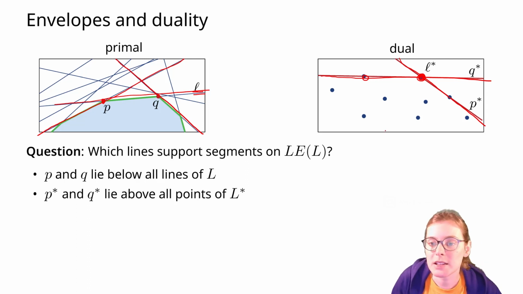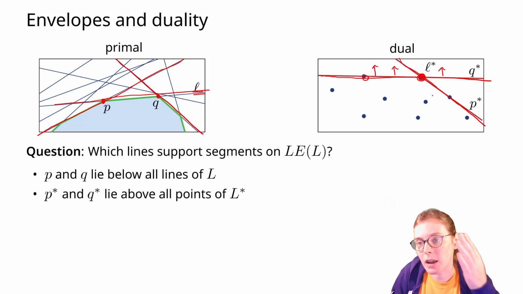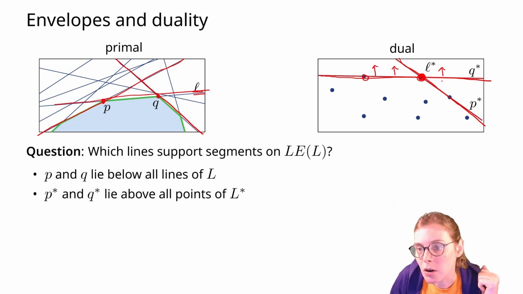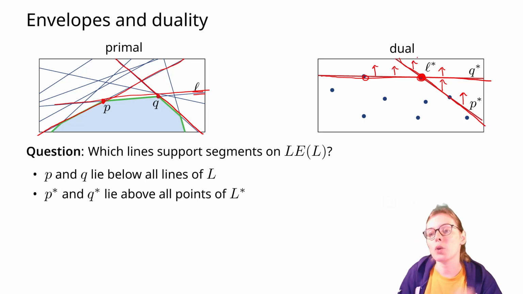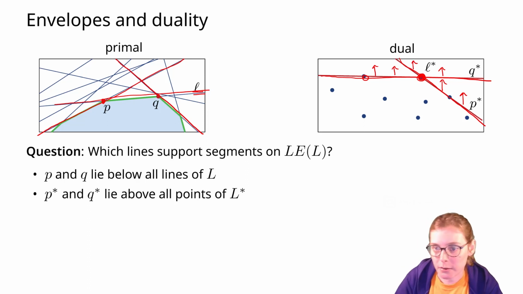So now what does this mean? That there are no points that are dual to the original lines lying above Q star or lying above P star. Well, that means that the lines Q star and P star define the edges of the convex hull around the point set.